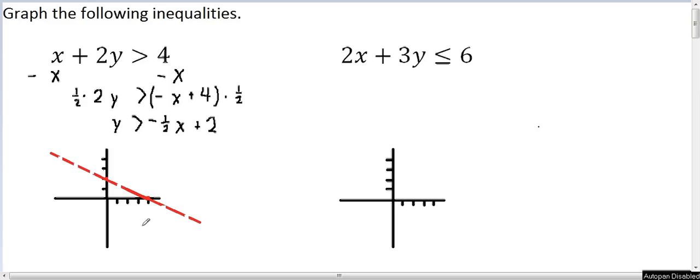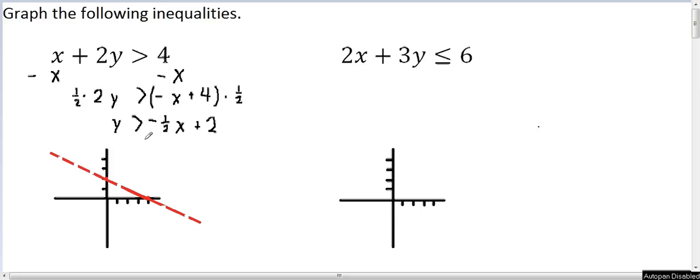Now we need to figure out which side of the half plane is part of the solution. I usually like to choose a point that's easy to calculate. So I usually use the point 0, 0, the origin. If I plug 0, 0 into this inequality, I get 0 is greater than 1/2 multiplied by 0, which is 0, plus 2 is 2.